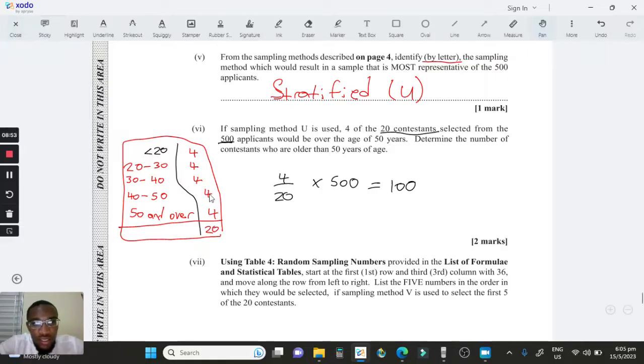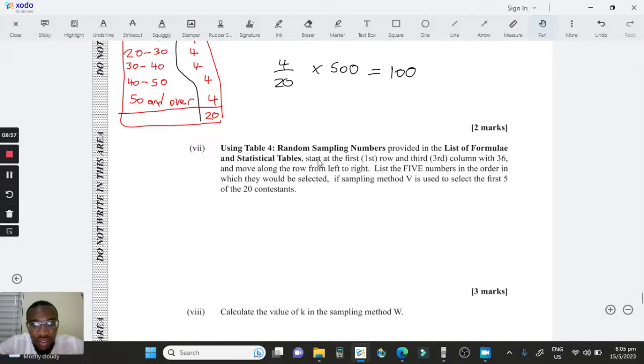Now it says using the random number table for the random sampling numbers provided in the list of formulae and the statistical table, we need to start with the first row. I like to write R1. We're starting from row 1 and the third column, so R1 C3, starting with 36 and moving along the row from left to right.